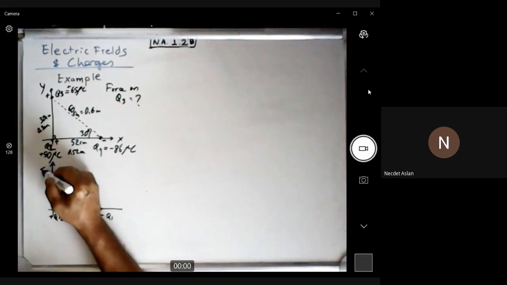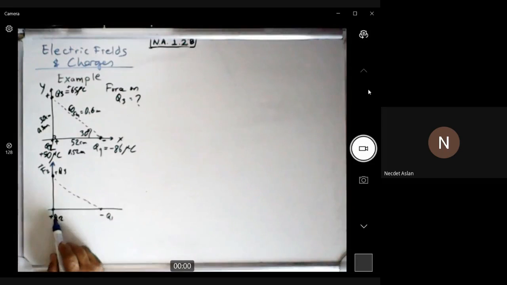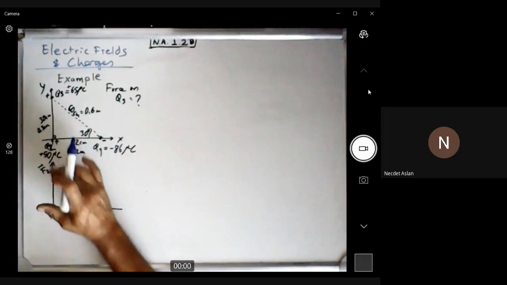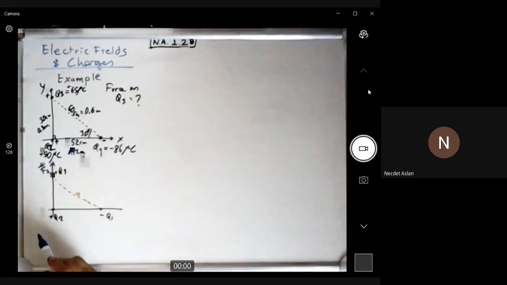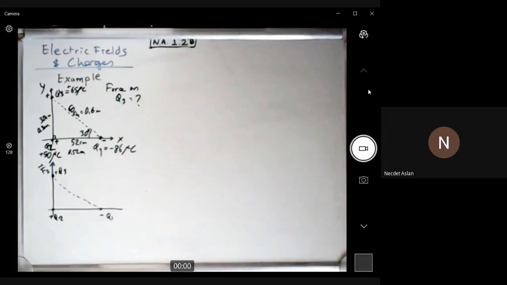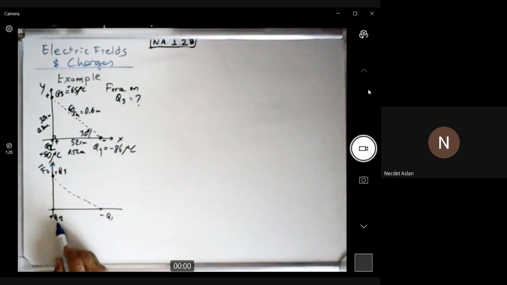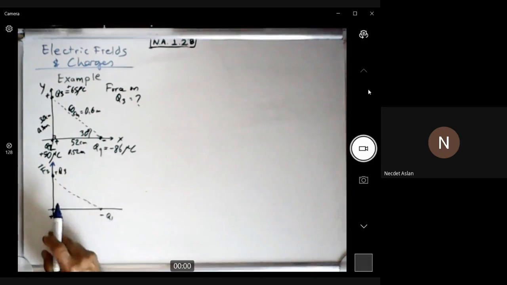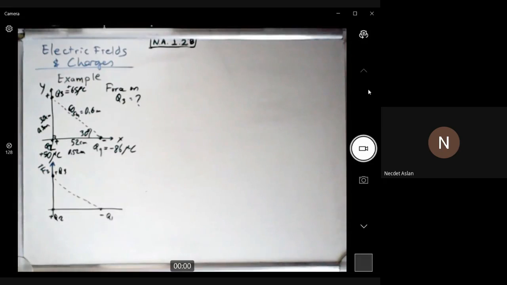So this is F2. The force due to Q2 will be this way. Why? Because both of them are positive and they will push each other. Of course, they are pushing each other, but they are not moving. They are stationary. But this is the force that Q3 feels. Of course, Q2 also feels the same force, but we are concentrating on only Q3.